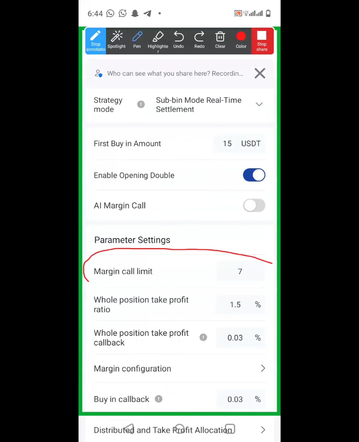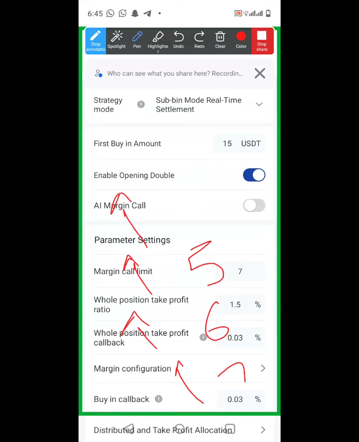Let's use this as an example. When the robot has bought 7 times, and the market starts coming up, this 7, this 6, this 5, this 4, this 3, this 2, and this is 1.